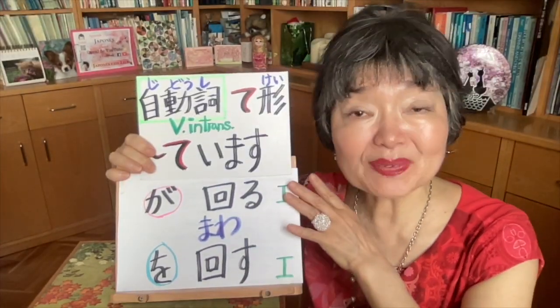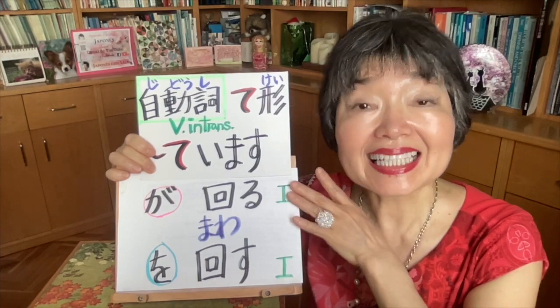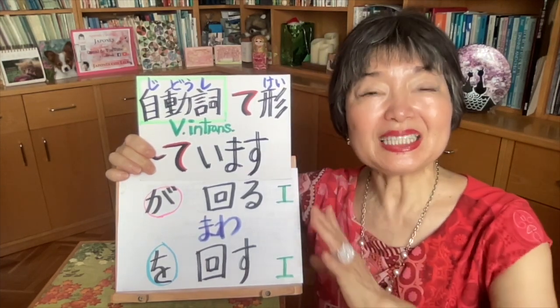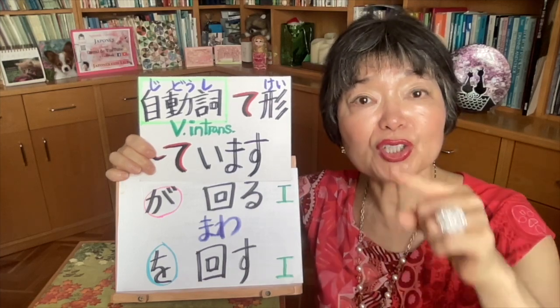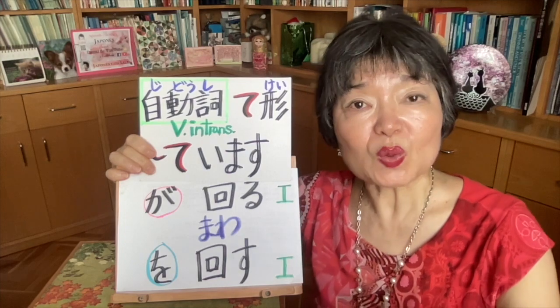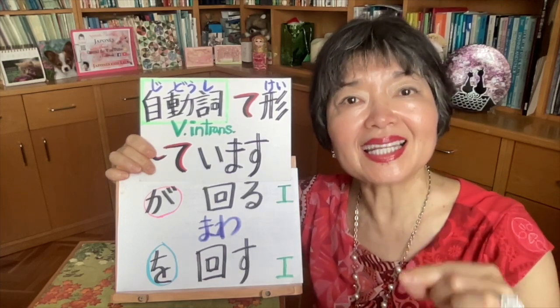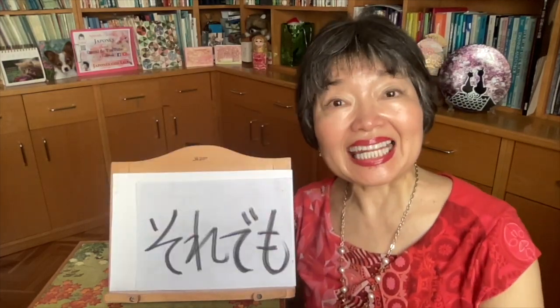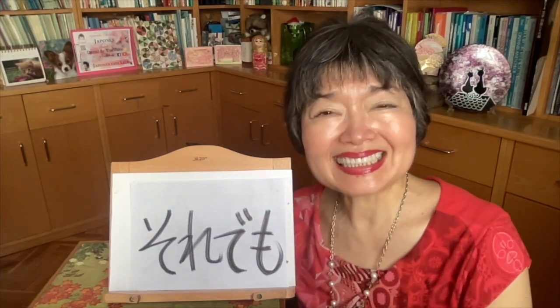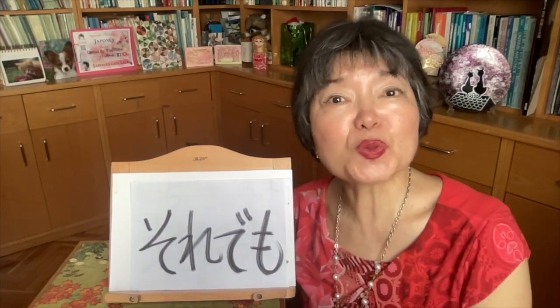Now the state. So the intransitive verb 回る in the TE form, 回っています。It means something is turning around by itself. And this is the state, or something is spinning. Let's use Galileo Galilei's sentence. Nevertheless, the earth is spinning.